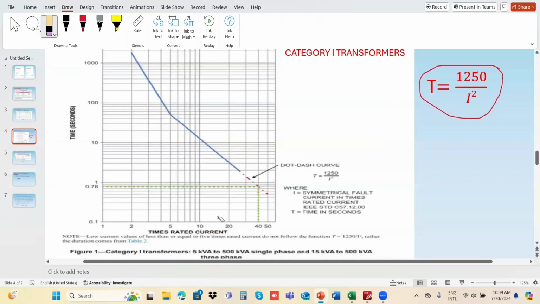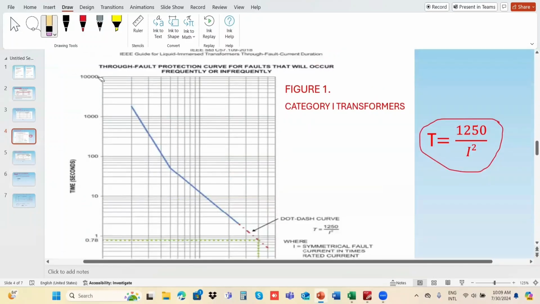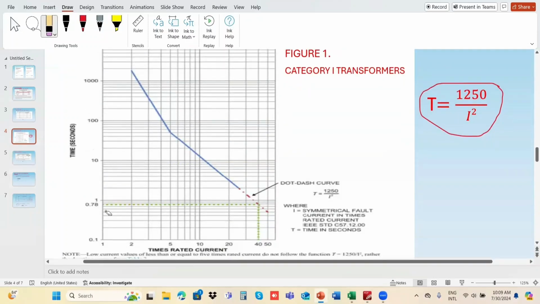So you have to calculate the rated current or the full load current of the transformer, then multiply these values to the rated current. This is for the horizontal axis, and for the vertical axis is the time in seconds.